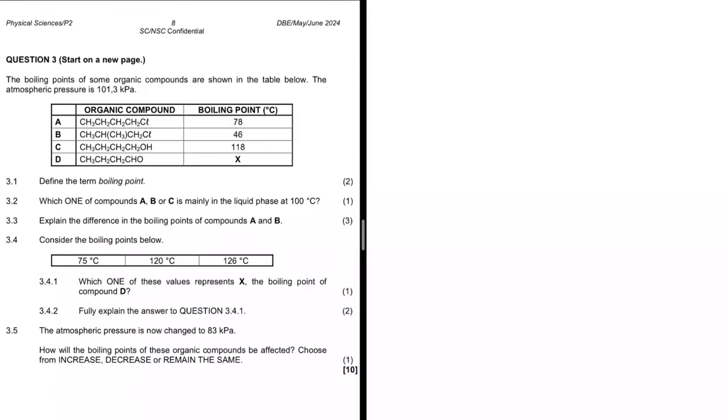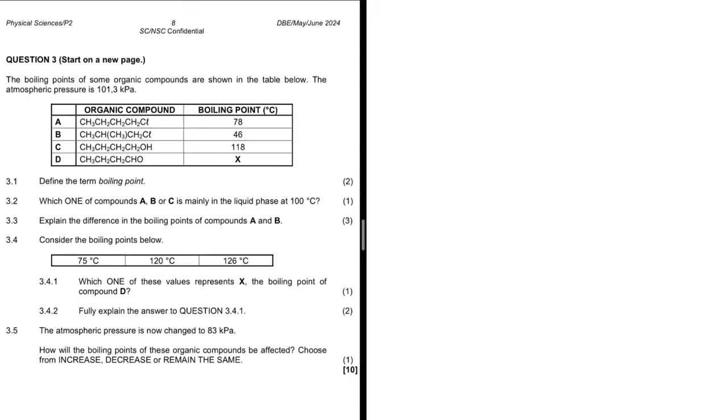The temperature at which the vapor pressure is equal to the atmospheric pressure is what we refer to as the boiling point, and that is 3.1. So from here on, let's go ahead and take a look at 3.1.2. What does the question say? Which of the compounds A, B, or C is mainly in the liquid phase at 100 degrees Celsius.